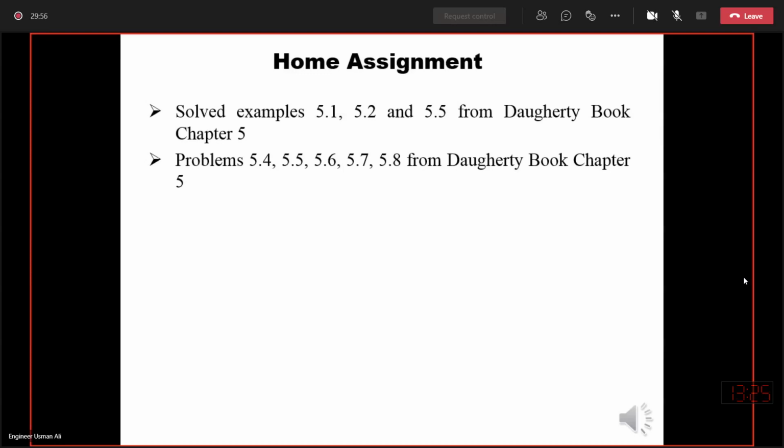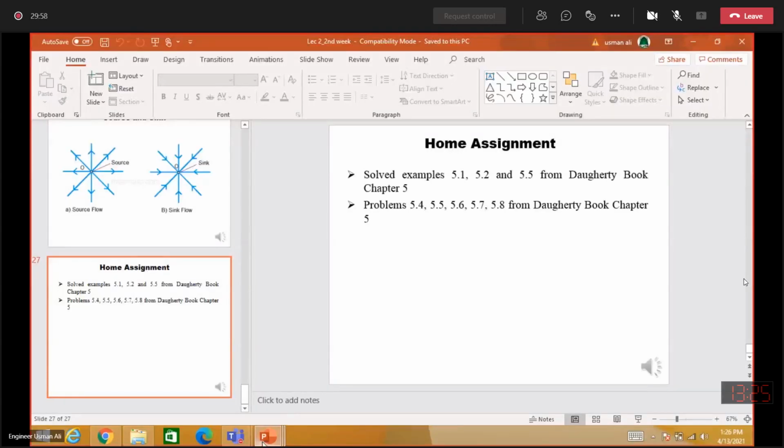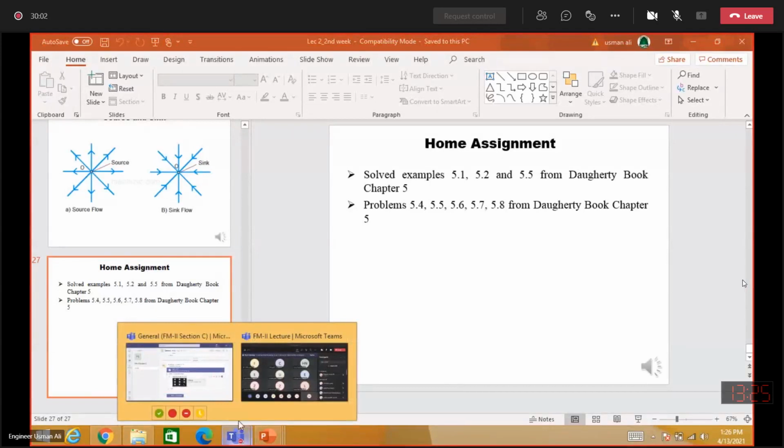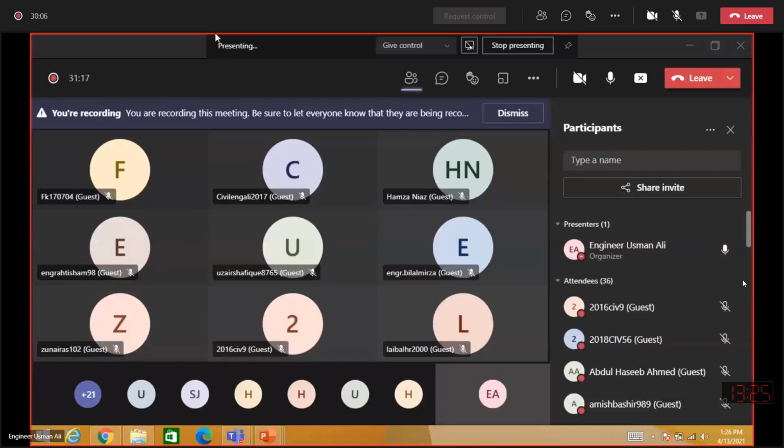Does anybody want to ask any question or have any clarity relating to the first topic that we have already covered? Yes. In some of the numericals, I don't know how many of you have done this, you have to plot the equipotential lines, the phi line and the psi line.